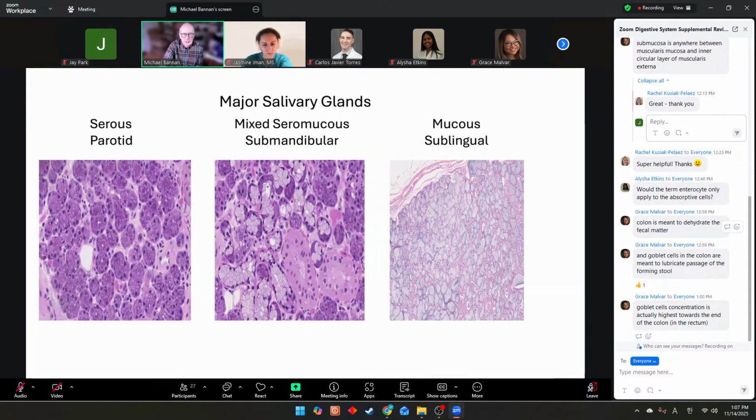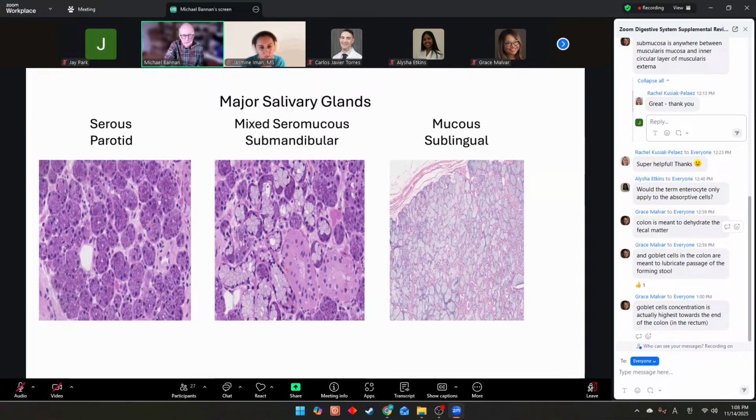So let's take a look at the different histologic appearance of these three types of glands. The serous gland, which is the parotid gland, predominantly serous. The submandibular gland, which is a mixed seromucous gland. And the sublingual gland, which is usually predominantly mucous. A parotid gland section would look like this on the left, where every acinus seems to be circular in cross-section and has serous cells with round nuclei and a blue to purple cytoplasm.